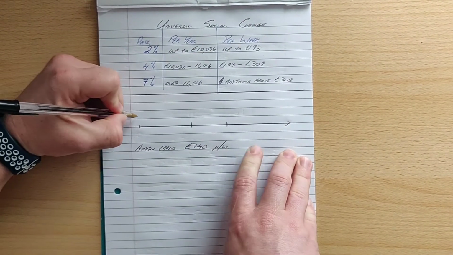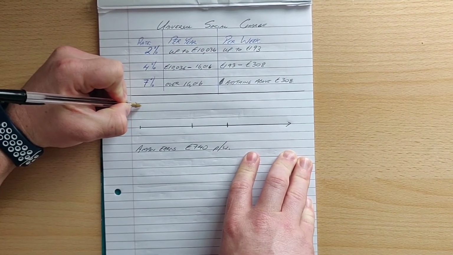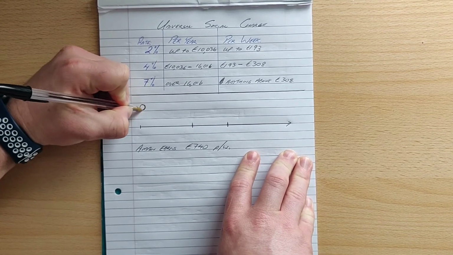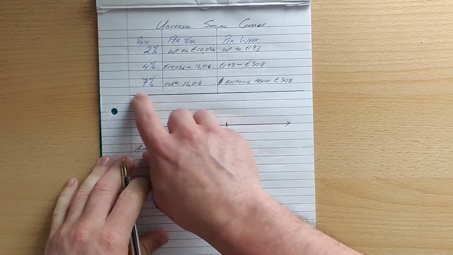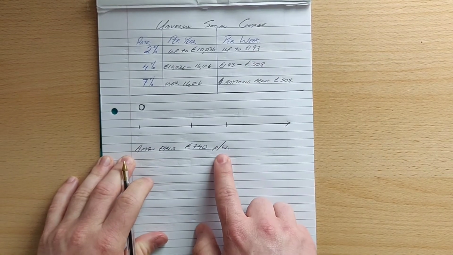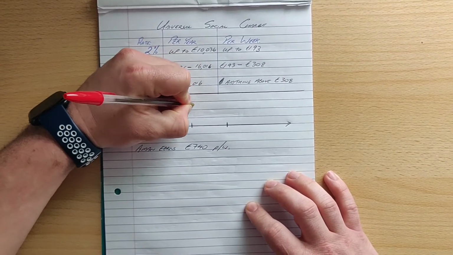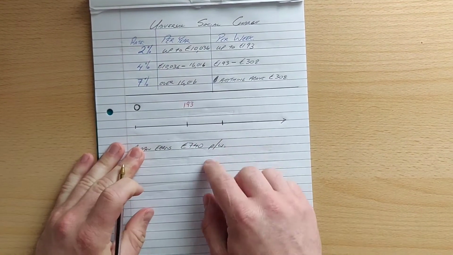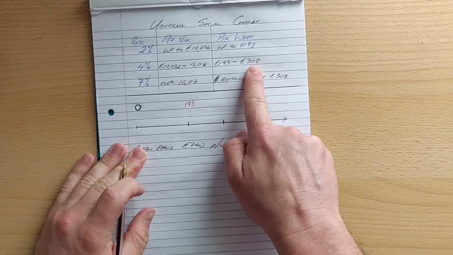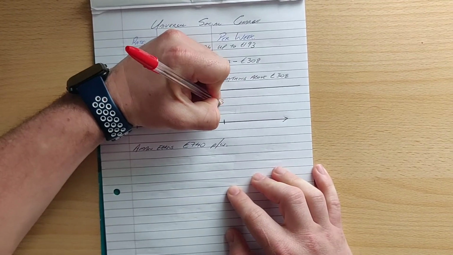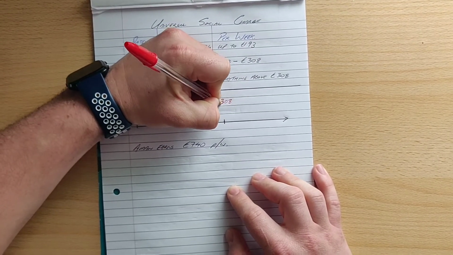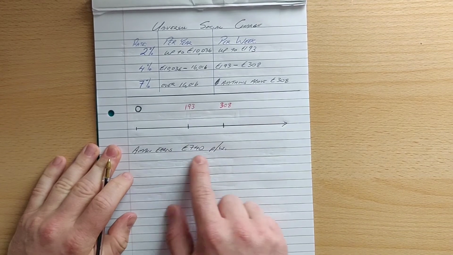Now, again, similar to the last part we had in the video, you start with 0 here. The first cut-off point, because we're talking about per week, is going to be €193. The second section is going to be anything up to 308. And the last section is on anything else.